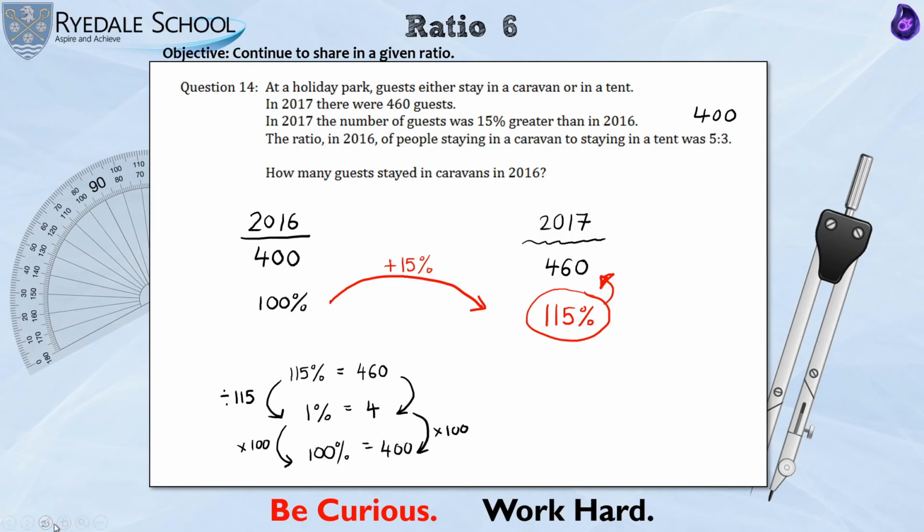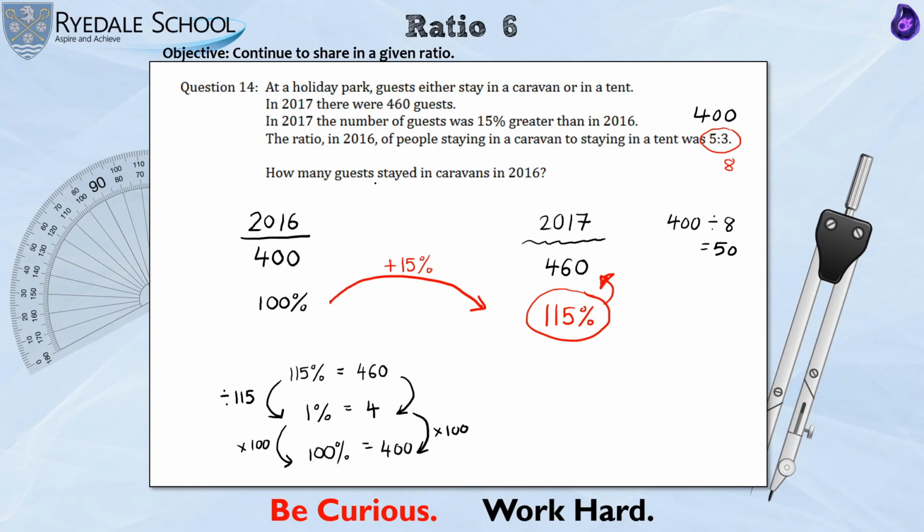Well, let's look how many parts there are. In the ratio 5:3, there are 8 parts. So I'm splitting 400 into 8. And 400 divided by 8 is 50. So each part is worth 50 guests.